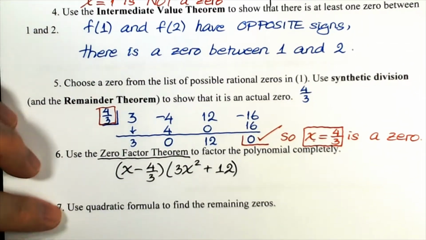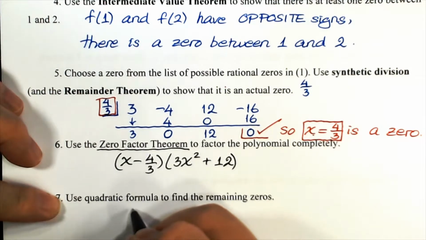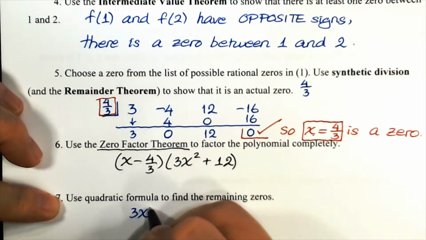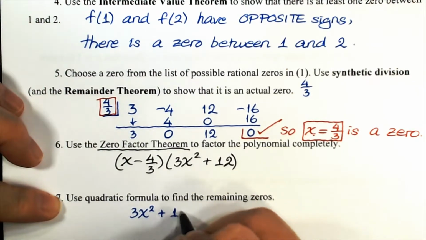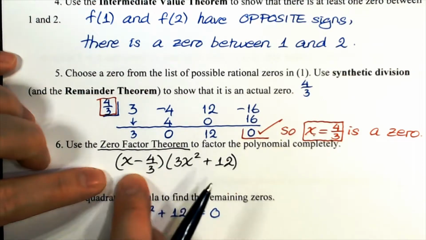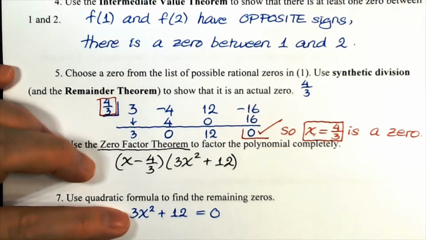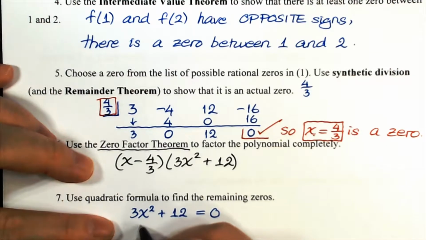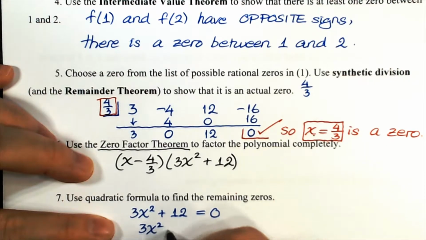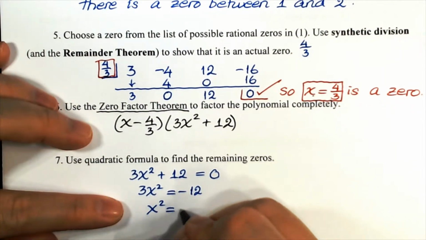Here we could use the quadratic formula, but I think we don't need to. Just make that equal to 0, because we already solved for 4 over 3. Now we just need to solve for x. That gives us 3x squared equal to negative 12, or x squared equal to negative 4.